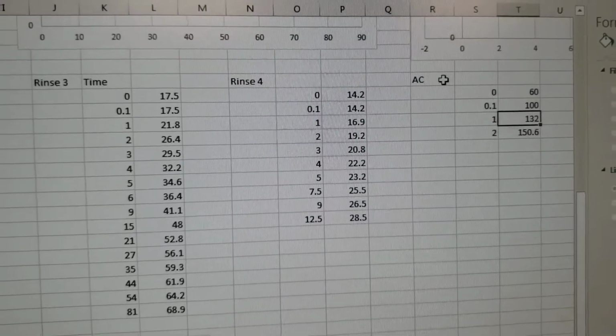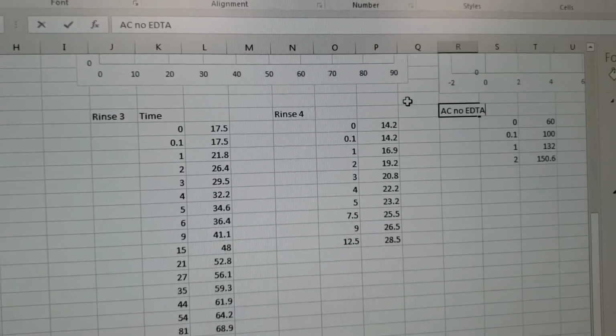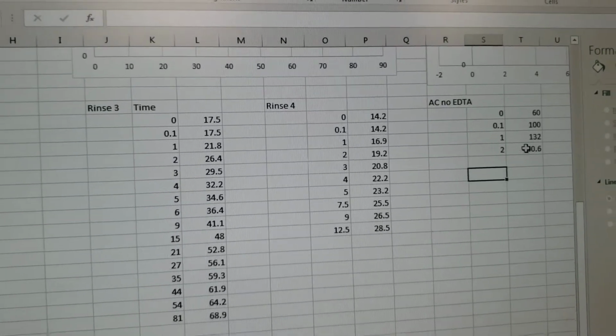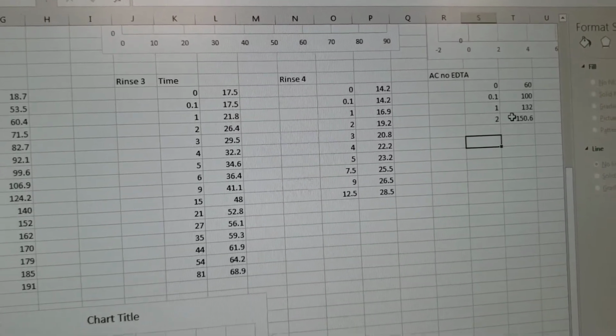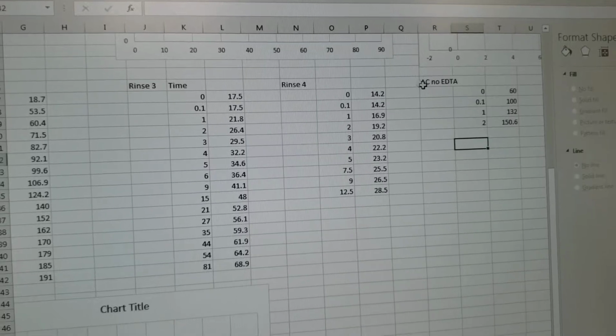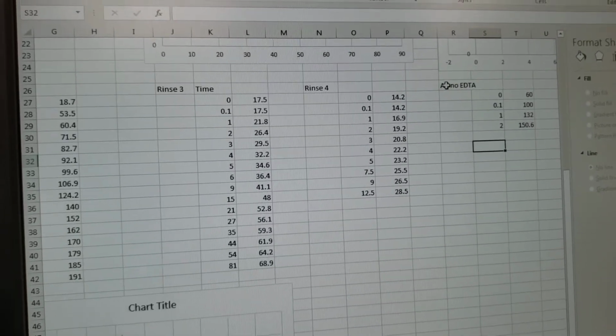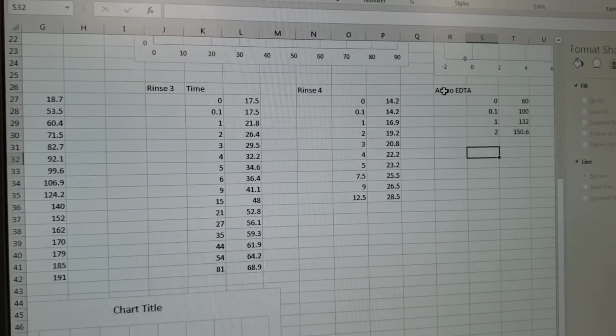So this is activated carbon, no EDTA, and we're still seeing a significant amount of conductivity being released in these washes. I had rinsed this activated carbon off 5 or 6 times so that the amount of black material was minimized.